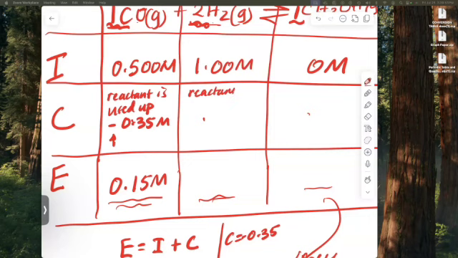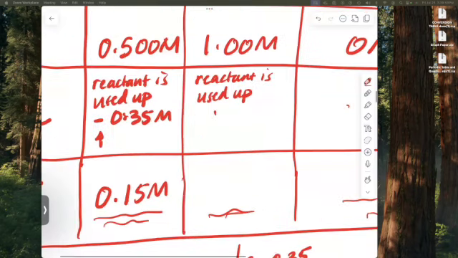Reactant is used up. Since the amount that reacts for H2 has to be double the amount of CO that reacts, I'll take this number here. It's still negative because it's reacting. And I'll double it and put 0.70 molar, right? Because that's double, correct?